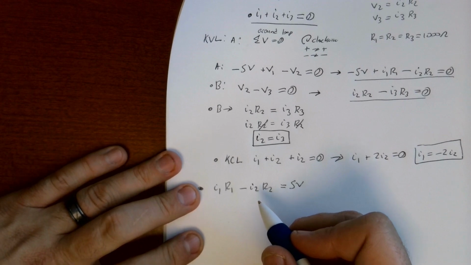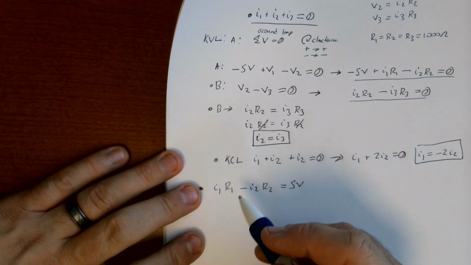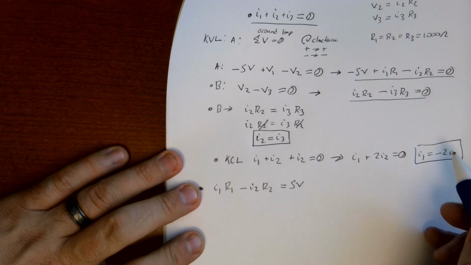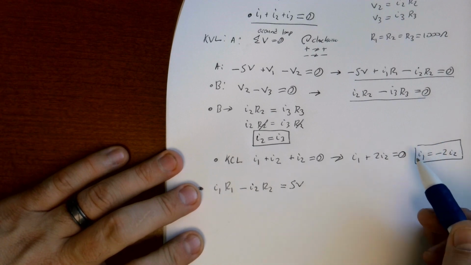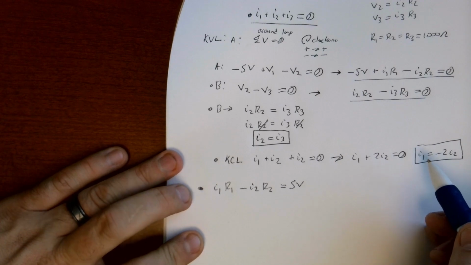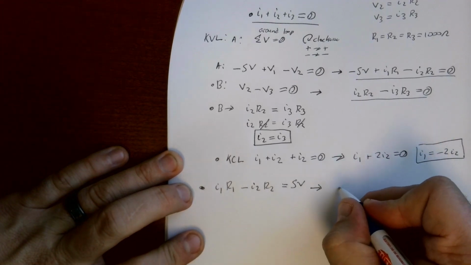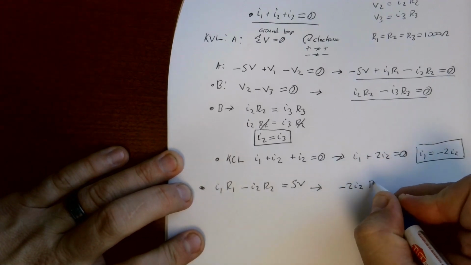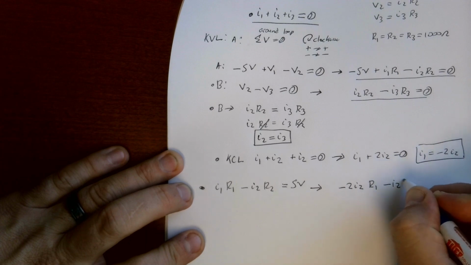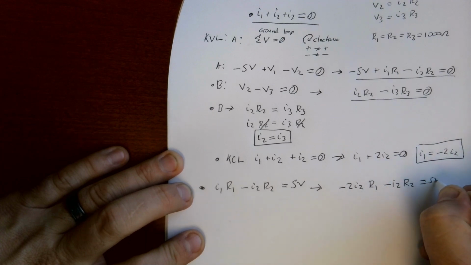What I'd like to do is remove one of them so we can solve. Luckily I have this relation between I1 and I2, so I can substitute in. I don't like making fractions because I always mess them up, so I'm going to substitute for I1 and rewrite this as negative 2I2 times R1 minus I2 times R2 is equal to 5 volts.